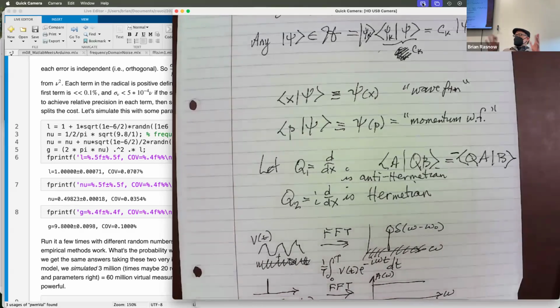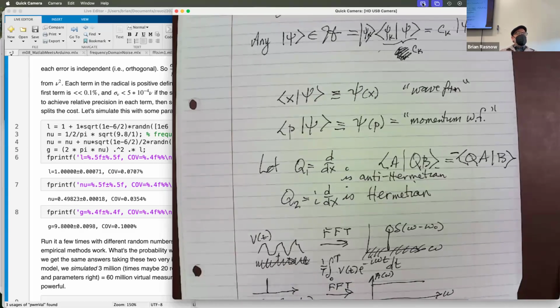And so that's the problem. One condition for a wave function to be meaningful is that you can normalize it, right? Can you normalize this thing?